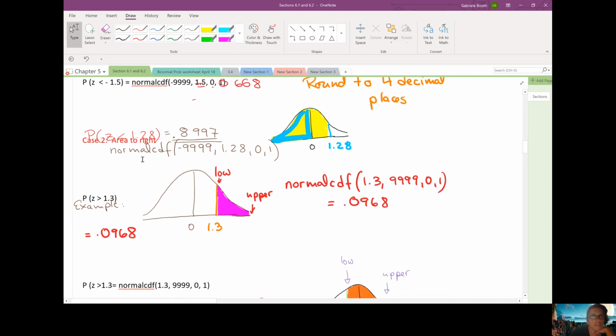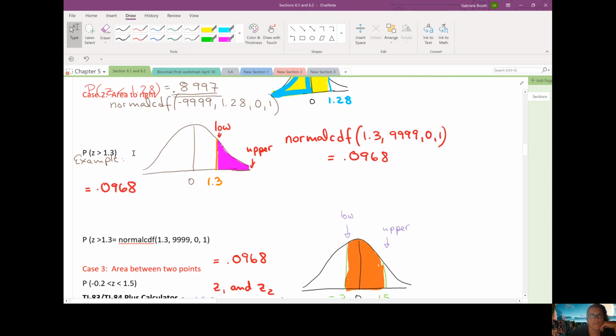Okay. Now, case 2 would be the area to the right. Now we're looking at a probability greater than 1.3 for this example. So again, we're drawing the bell-shaped curve. We enter all our information, then we shade, and then where does the shading start?